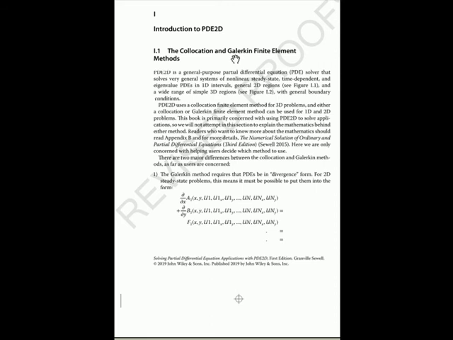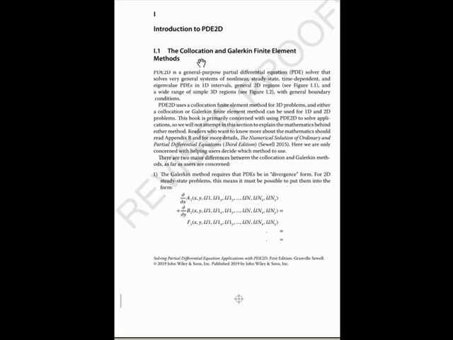Galerkin is the one that most finite element programs use. The collocation method is very rarely used, but PD2D uses it extensively. Most of the time when people are talking about the finite element method, they mean the Galerkin finite element method.